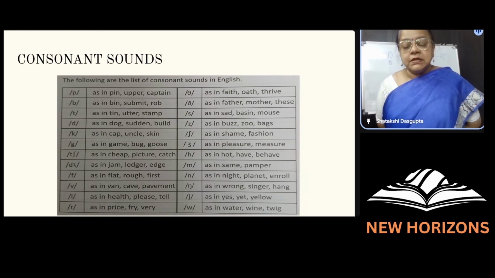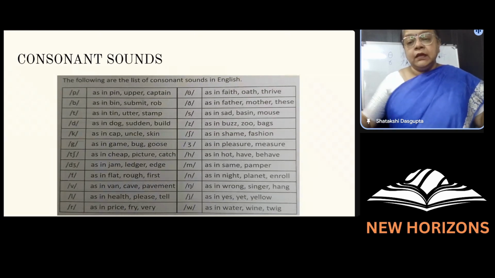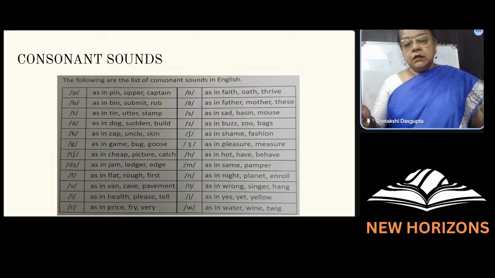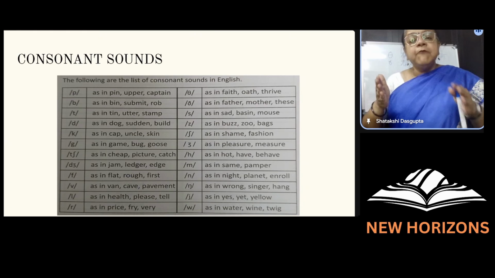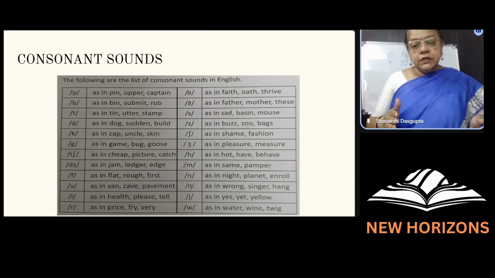Yes, ma'am. But in the other one, it is pleasure, measure, laying more stress. You are pulling the j. You're not saying it fast. You're not saying it quickly. It is not buzz. It is z. Now can you understand the difference?